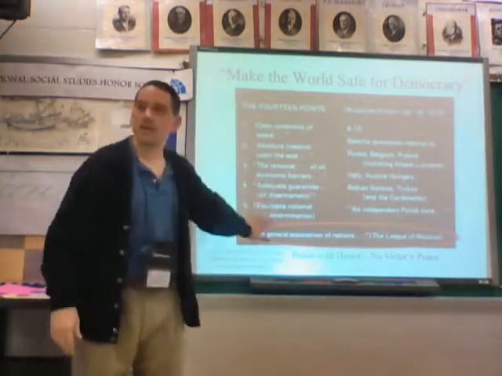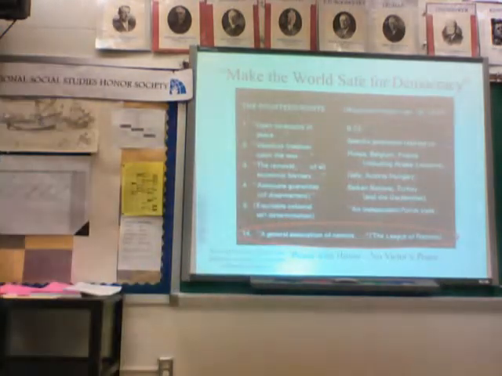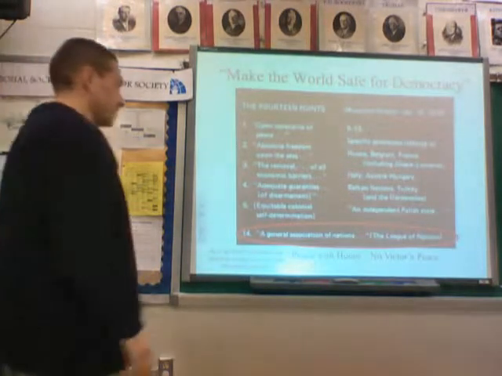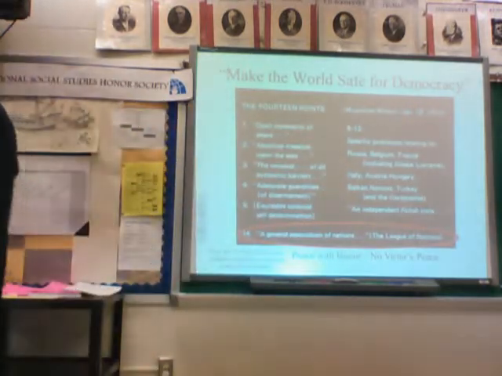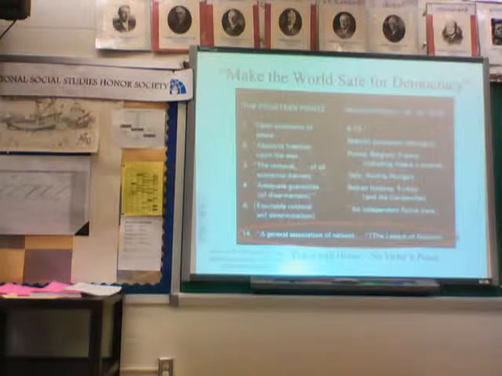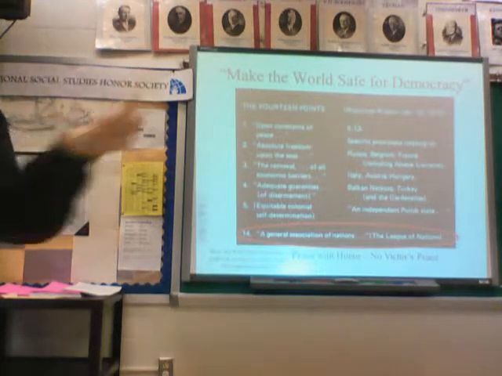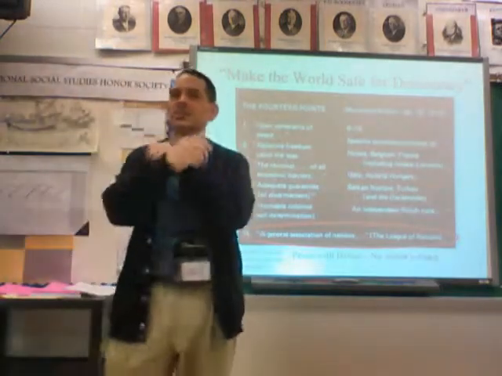Wilson laid out in what was called the 14 points a peace plan, a vision statement, if you will, of what the post-war world was going to look like. The capstone of all of it was the League of Nations, a body where nations' representatives could get together and hash out their plans and differences.